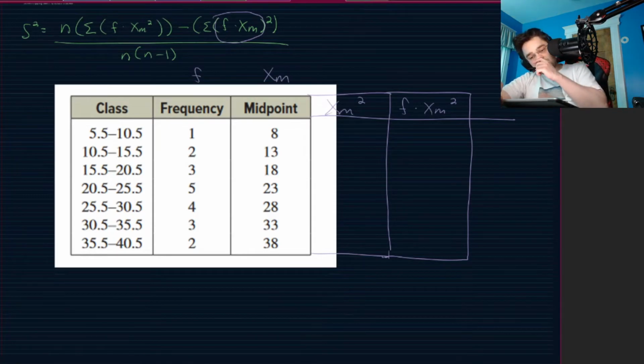Okay, let's keep going. So xm squared. Let me just move this over.